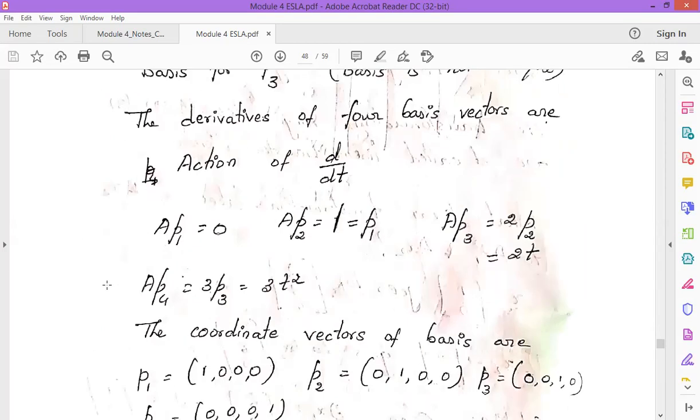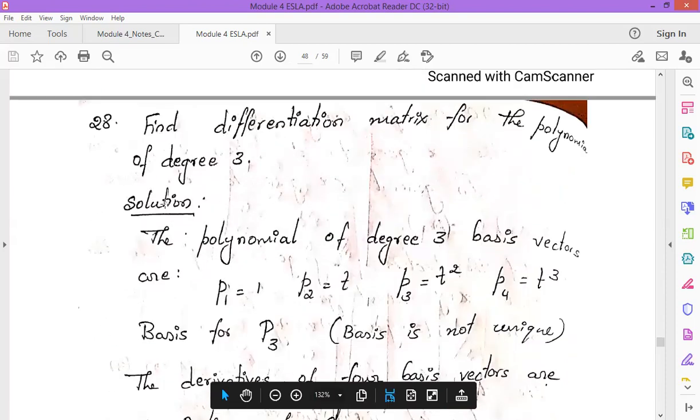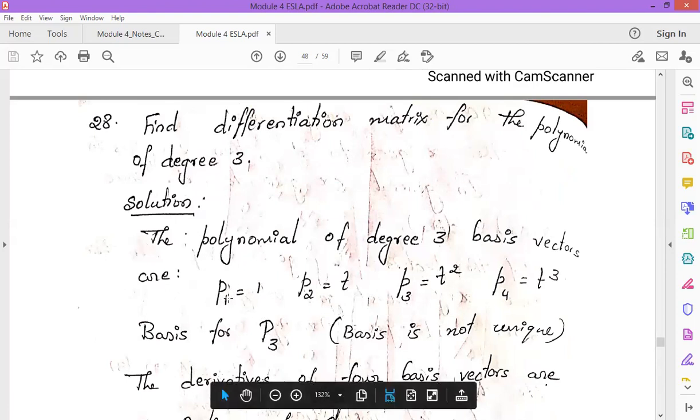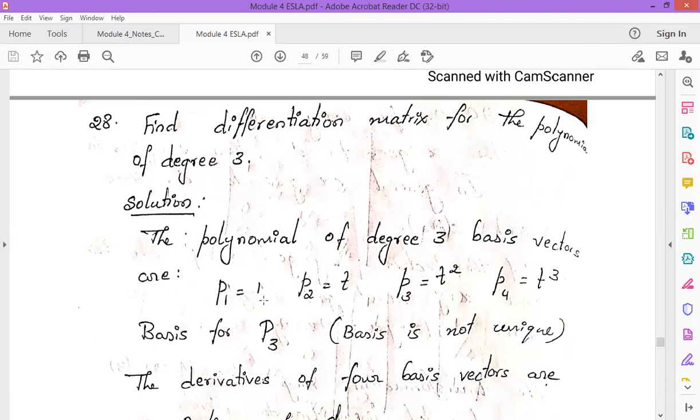I'll just repeat this. So here we are given the problem to calculate the differentiation matrix for the polynomial of degree 3. When the problem is given like this, first we need to write the polynomial basis vectors, that is P1, P2, P3, P4, in terms of t. In general, P1 is nothing but t to the power 0, which is nothing but 1.